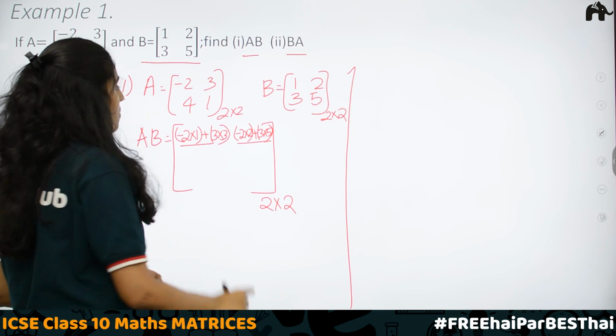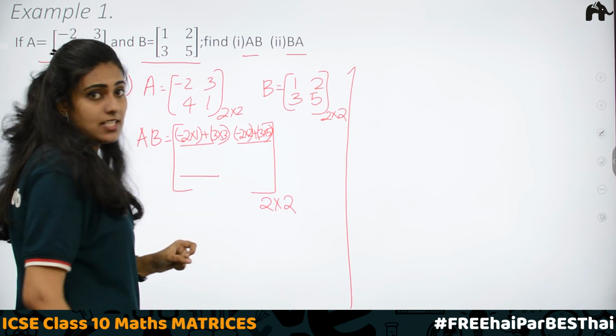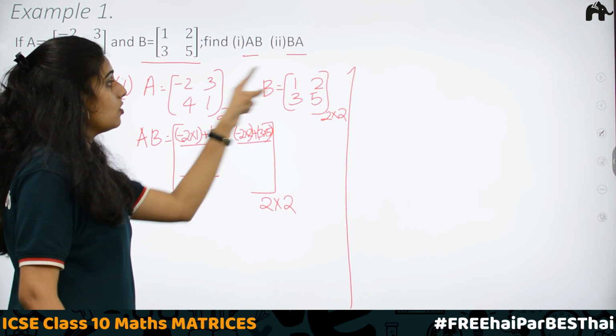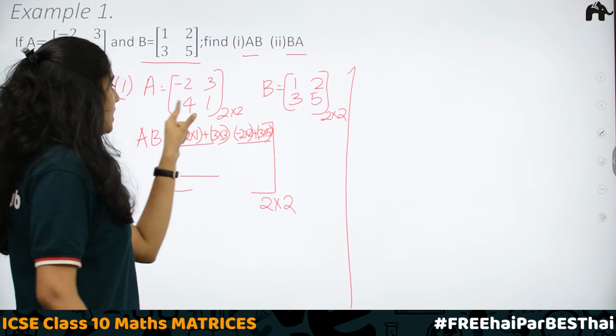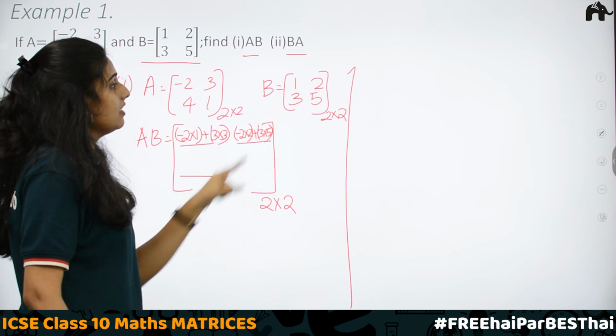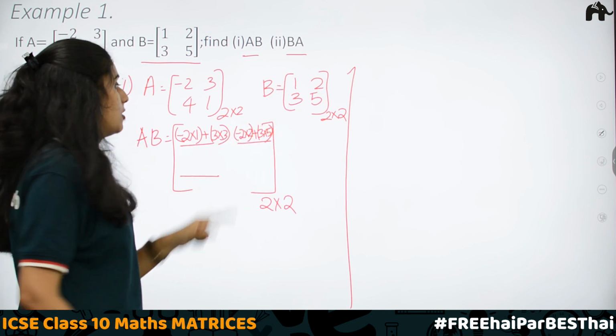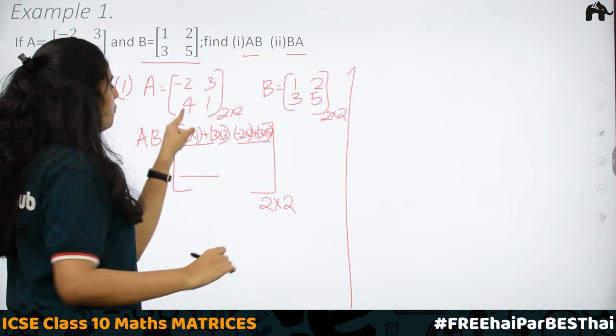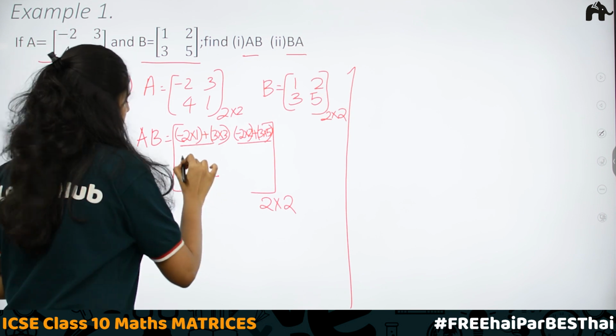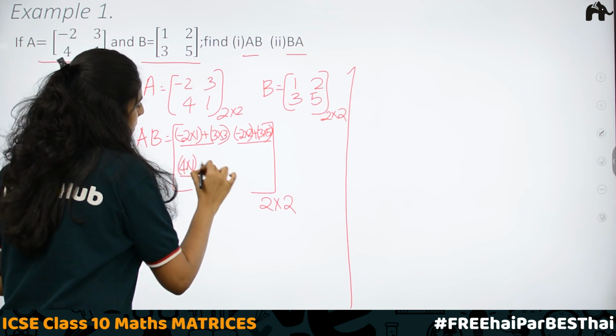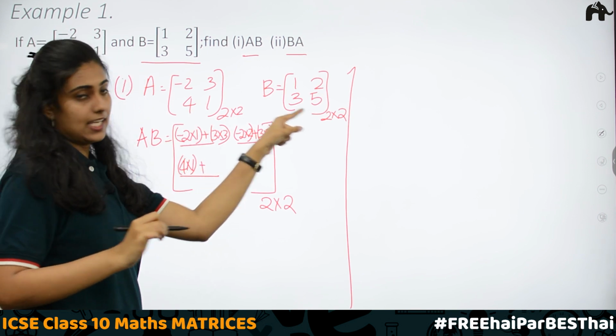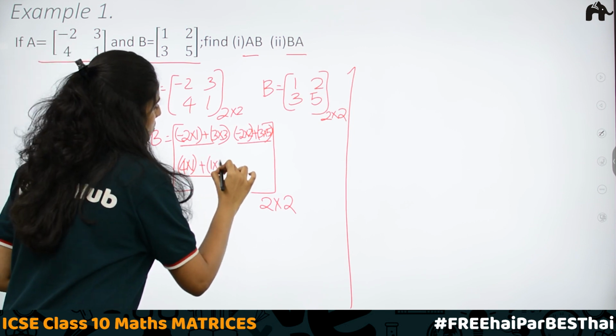Okay. Now to get the third element, we have to consider second row and the first column. Here the second row contains 4 and 1. Here we have 1 and 3 in the first column. Considering the first elements, 4 into 1. 4 into 1 plus 1 into 3. Second elements. 1 into 3.